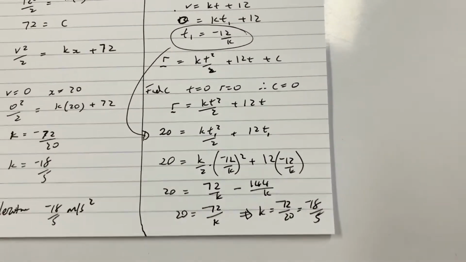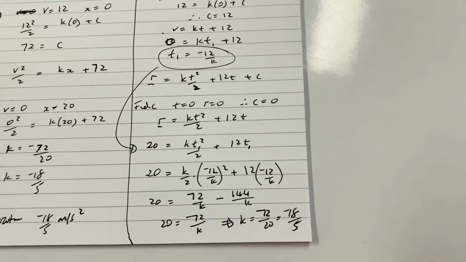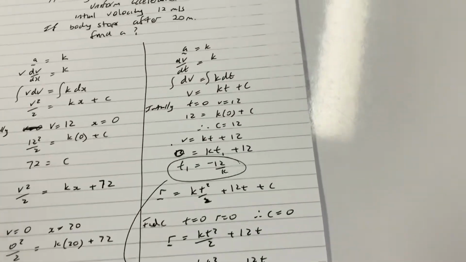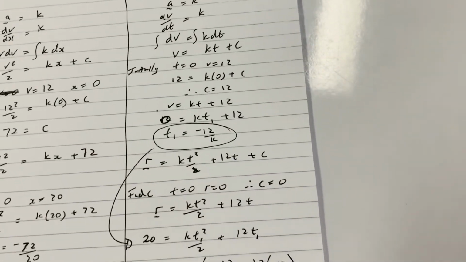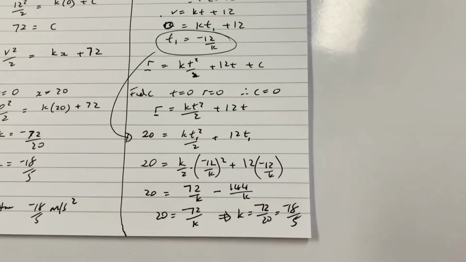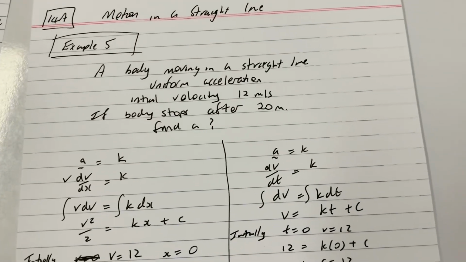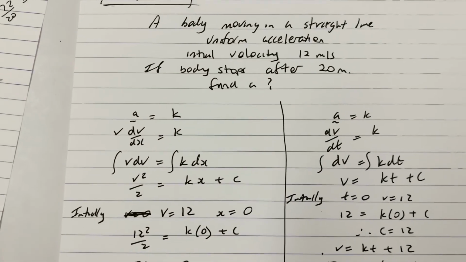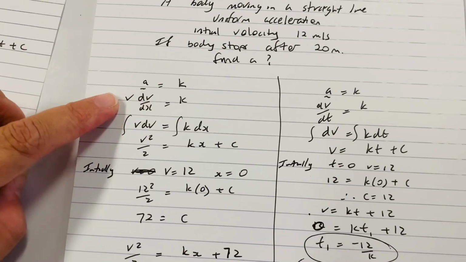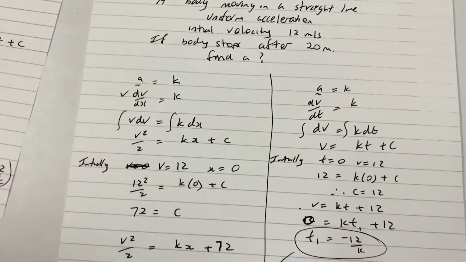We get the same answer. So while it is possible to do it that way, it's a little bit trickier, a little bit more complicated, but you get the same answer. If you know your physics rules, they are an option to use. If not, I would probably suggest method 1, using our acceleration as v dv/dx.